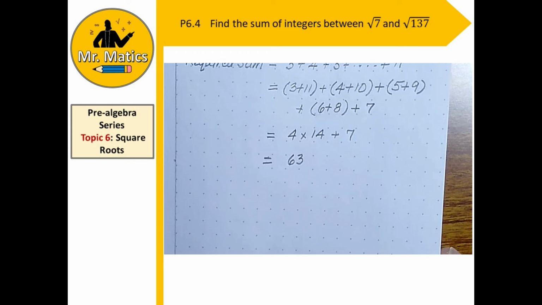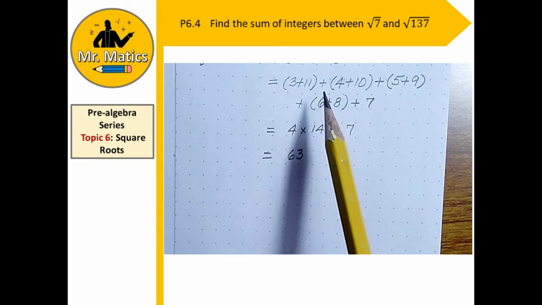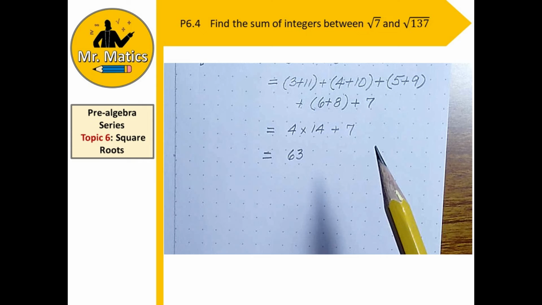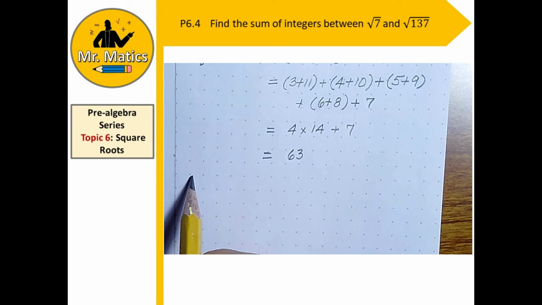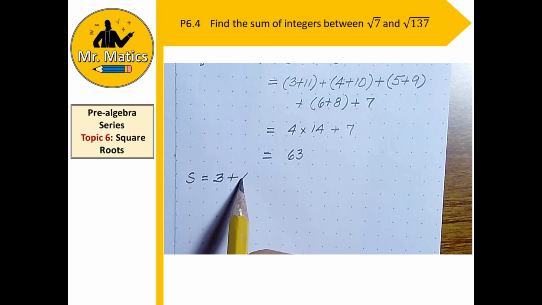Now this is fairly easy because these numbers are quite small, so it's easy to just combine them and see how you're going to find the total sum. But another way to do it is, let's say I call this sum S, and I rewrite it just to make sure we are clear.